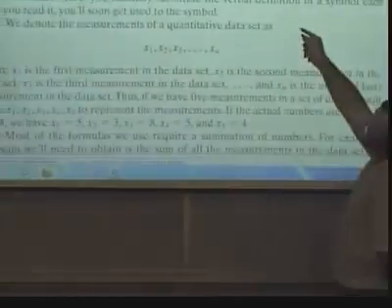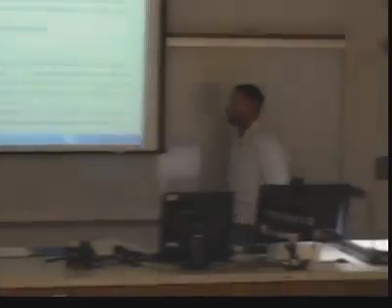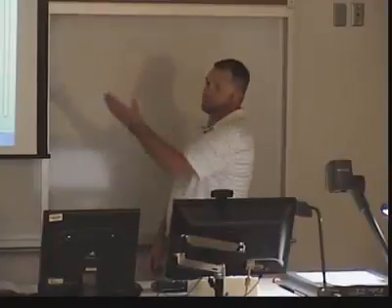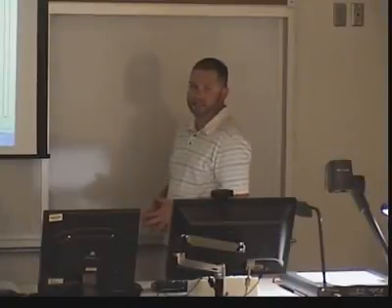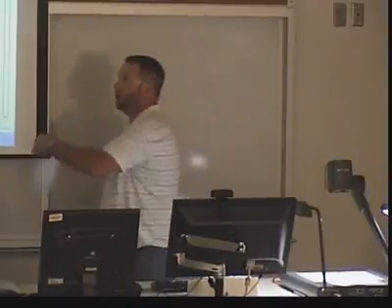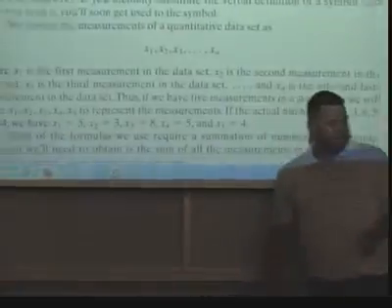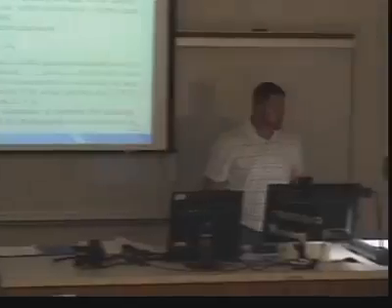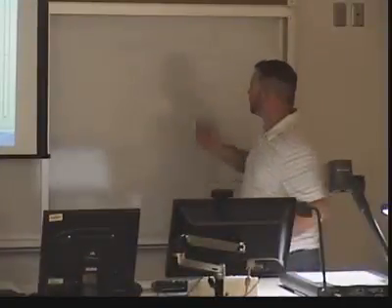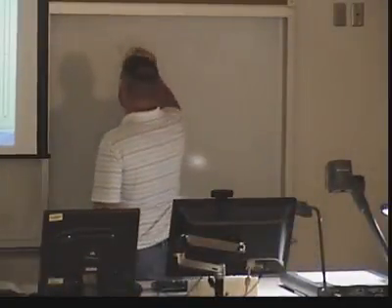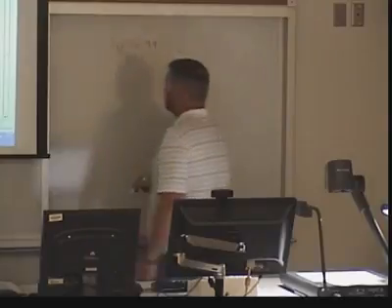We denote the measurements of a quantitative data set as x sub 1, x sub 2, x sub 3. The way we pronounce this is sub; this is a subscript. So if we go back and think about our ages, we could have had 44 as x sub 1 equals 44.